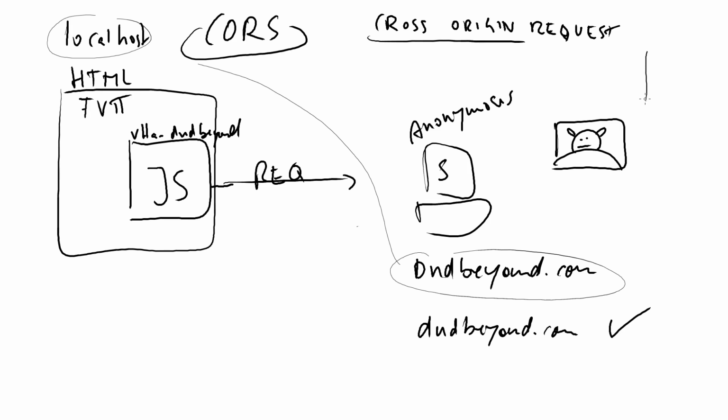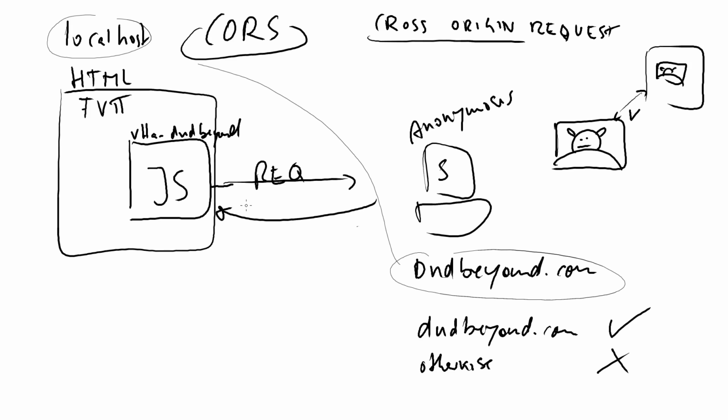So if it's a web page on DDB and it contains this image, it can download it, that's okay. And otherwise, nah, you're not allowed. So it will just send back an error and you won't get access to this image. So your monster will be imported without an image.